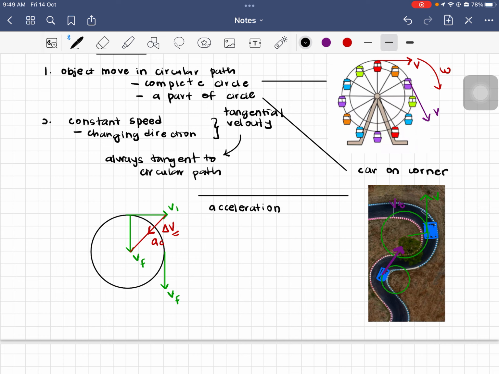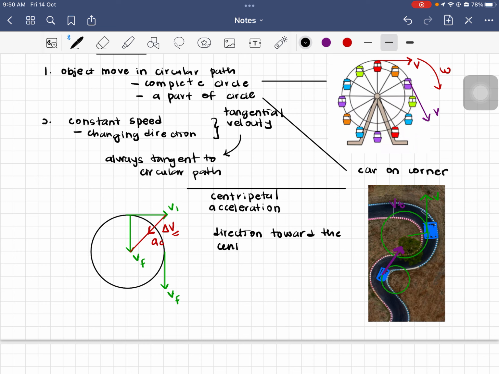So that's why untuk this one kita akan panggil dia sebagai centripetal acceleration. Okay, centripetal acceleration is acceleration biasa je, tapi dia wujud bila objek tu bergerak dalam circular path dan dia punya direction always toward the center of the circle.